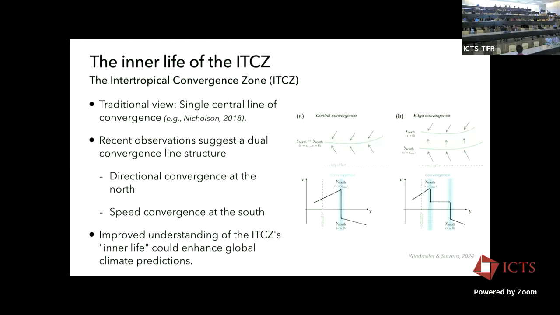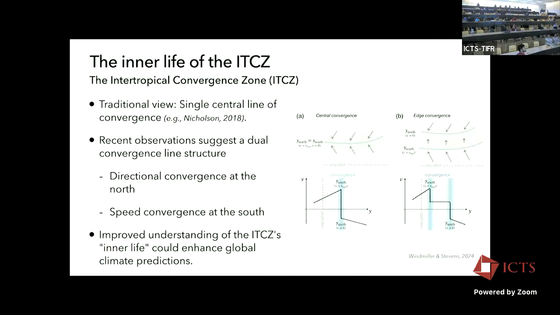But recent observations from ship campaigns suggest that as opposed to the traditional view where you have a single line of convergence, so you have the northern winds and the southern winds converging somewhere close to the equator, instead of that, what we usually have is a dual convergence system. So you have winds coming in from the south and slowing down, and that causes a speed convergence.